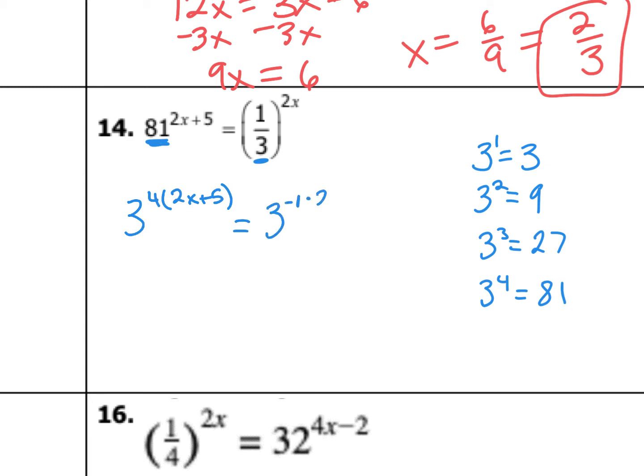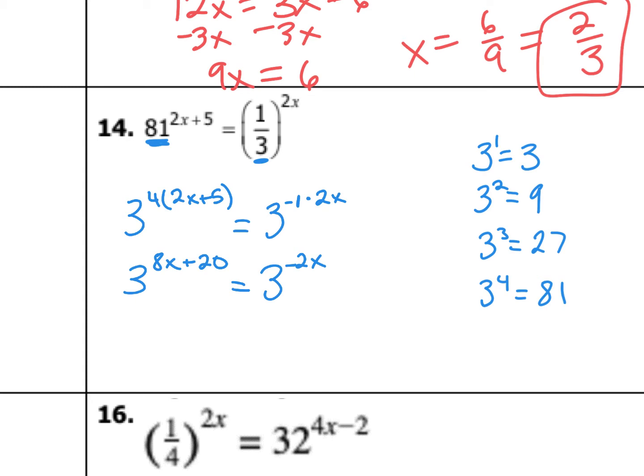Yep, 3 to the negative first times 2x, which is the same thing as 3 to the negative 2x. Good. And on the left side, this becomes 3 to the 8x plus 4 times 5? 20. Okay, you're okay. How many of us made it that far at least? Yeah? Okay. If we didn't, hopefully we see what we did.